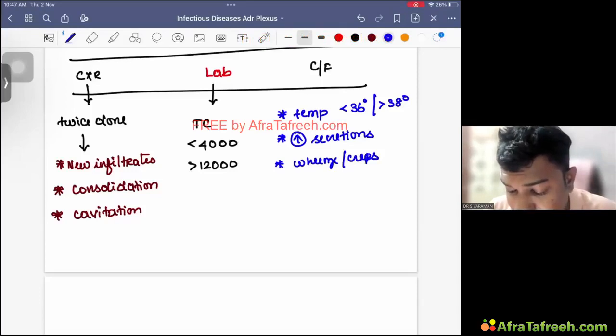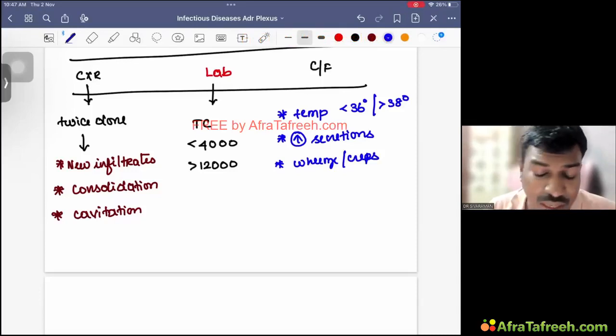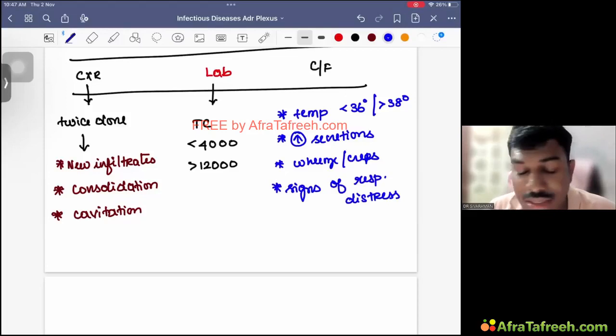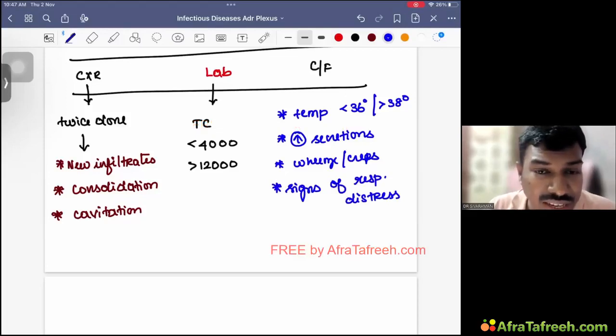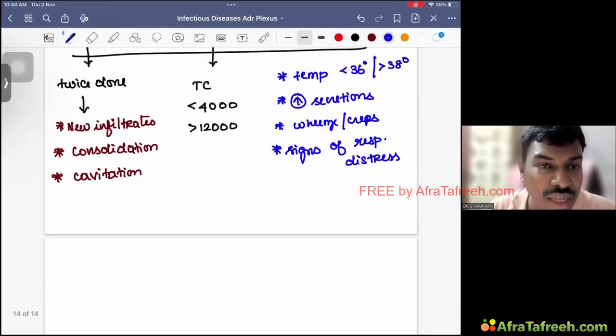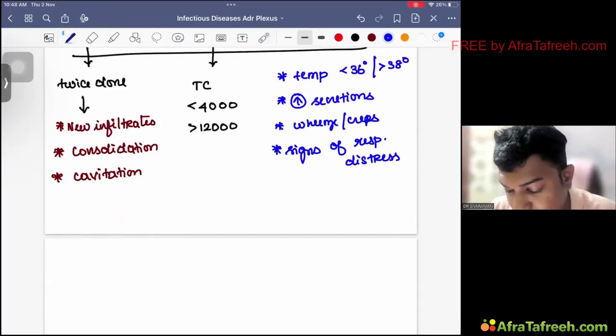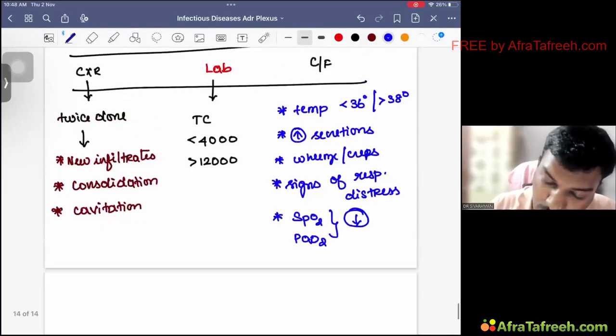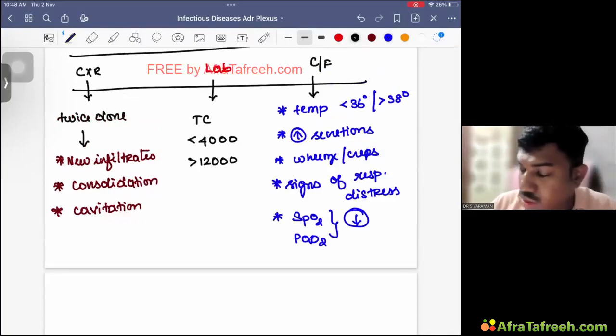So the staff or the intern is telling that the patient is having increased respiratory effort, retractions of the chest, nasal flaring, the patient is in distress, then the patient has higher chances of going into VAP. And the patient's SpO2 or PaO2 is worsening. So all these indicate that the patient is having VAP.